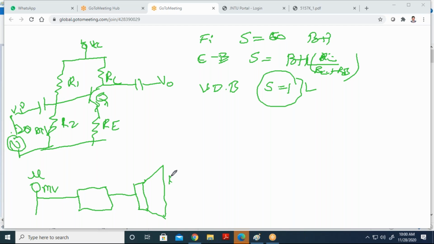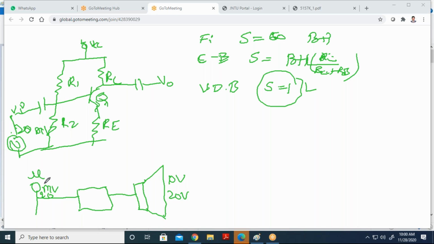See here 20 millivolts converts to 10 or 20 volts. Means 10 power of 3 strength is increased. That is done by transistor.